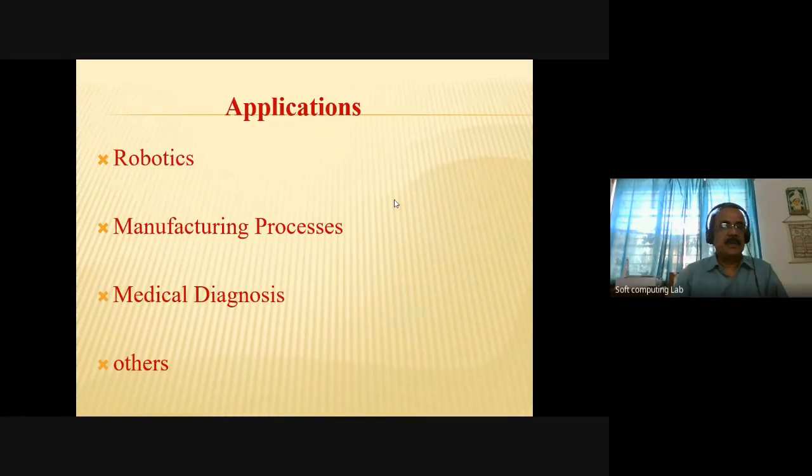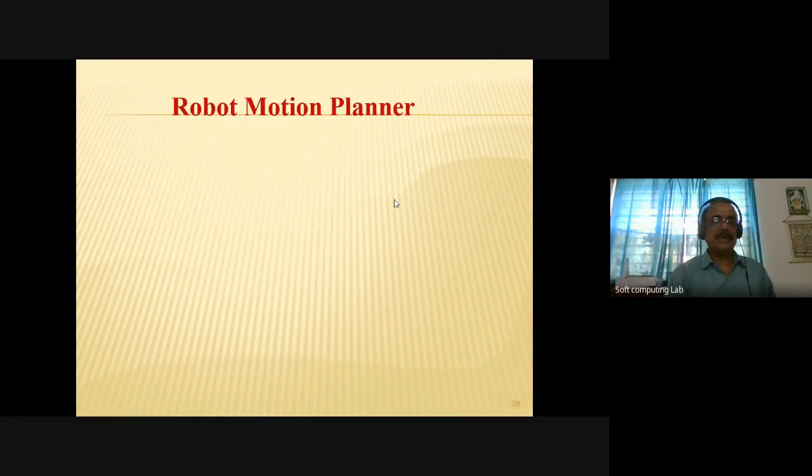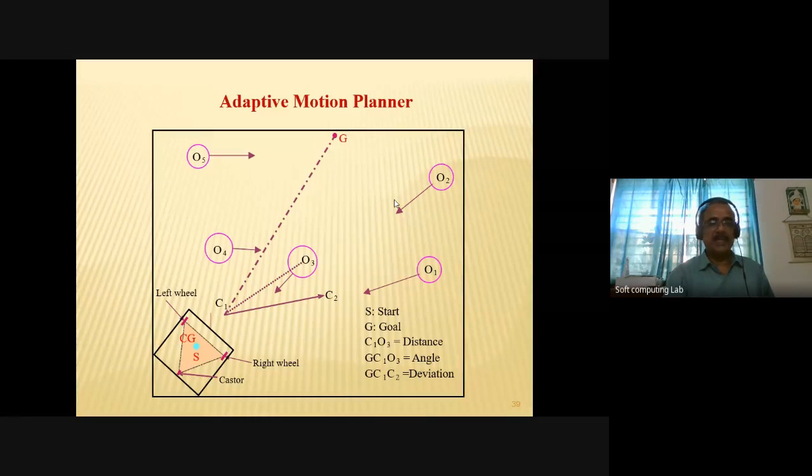Now very quickly, I'll be going for some applications. I'll not be taking much time. So I'm just going to show you some application in the field of robotics, which we did long back. Say this is a robot, that is a two-wheeled one-caster robot. So this is the planning robot, and in this workspace, there are a few moving obstacles.